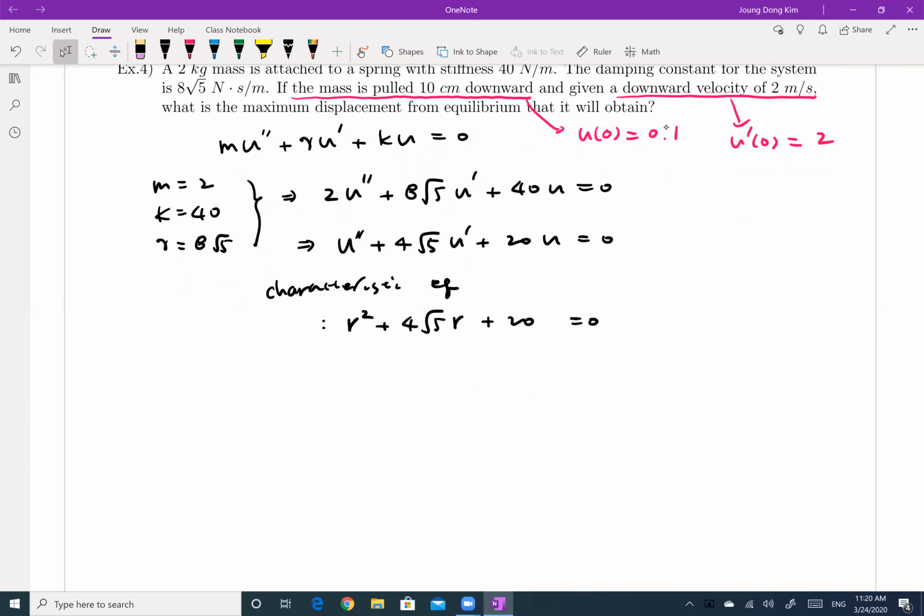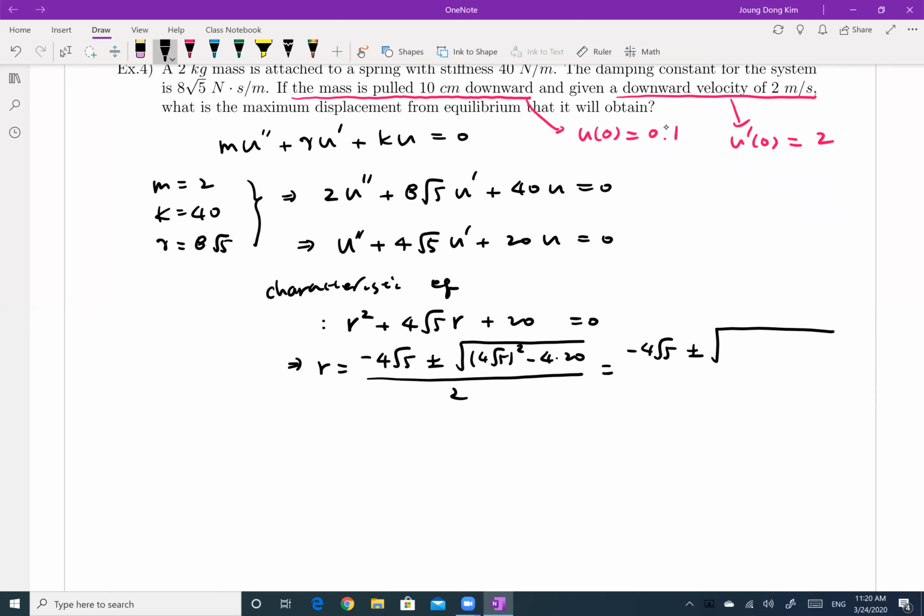But let me show you how we can use the quadratic formula: negative b plus or minus the square root of b squared minus 4ac, over 2a. That is equal to negative 4 square root of 5 plus or minus the square root of 4 squared, which is 16, times 5, which is 80, minus 80, over 2.